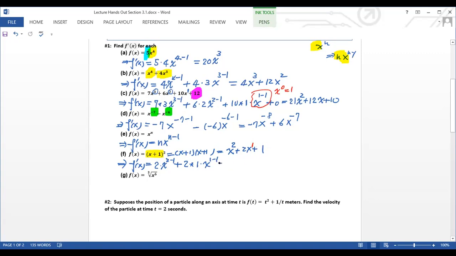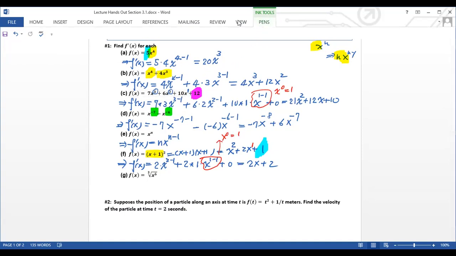Then here is what? This is a constant, correct? Because the 1 is the constant here. And now you simplify this. This is 2x, and here again, this is x to the 0 power, which is 1. So the answer is 2x plus 2.